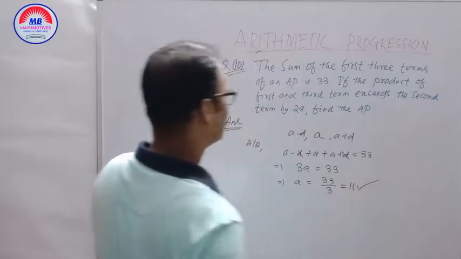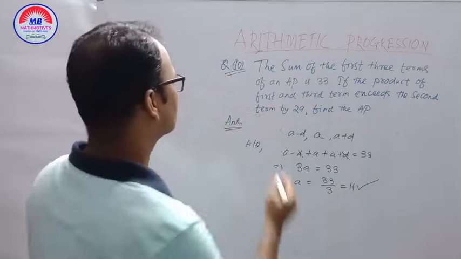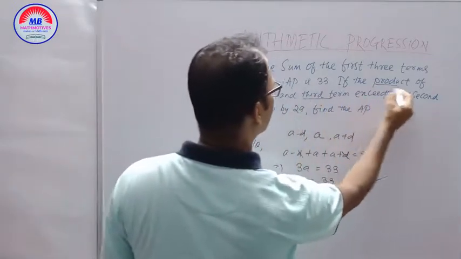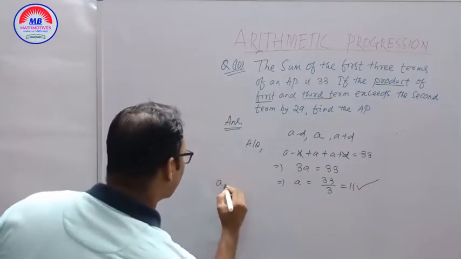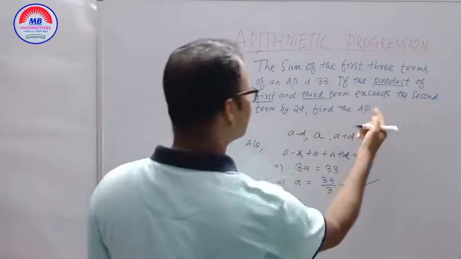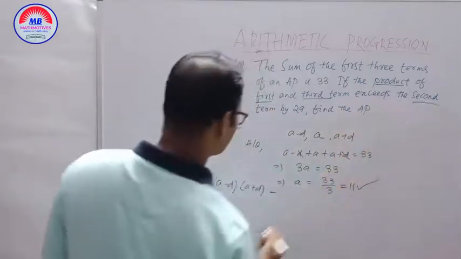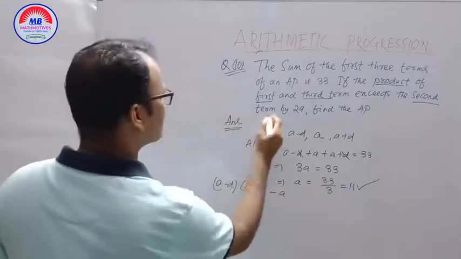A is 11. Second part: the product of the first and third term, first term is A minus D and third term is A plus D, exceeds the second term.